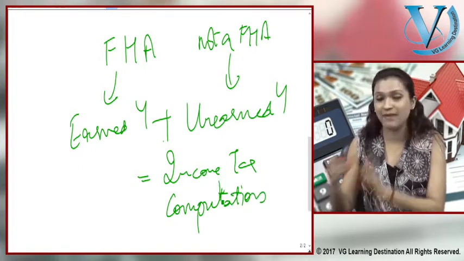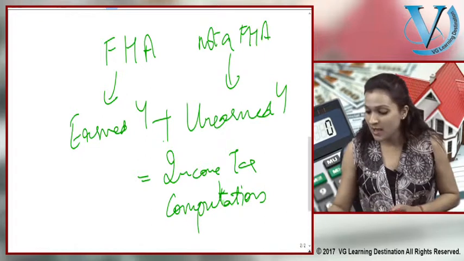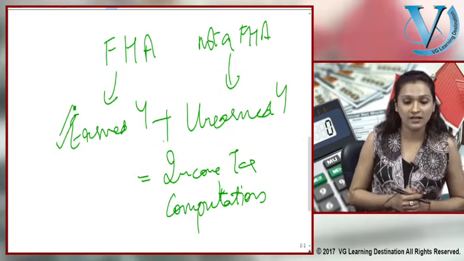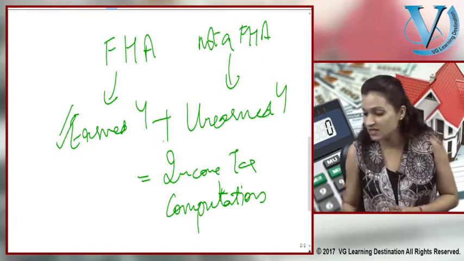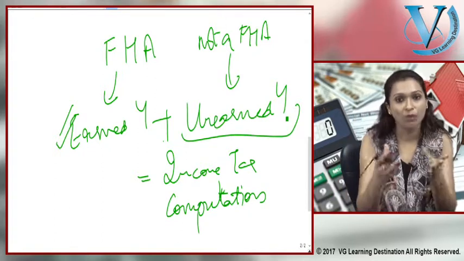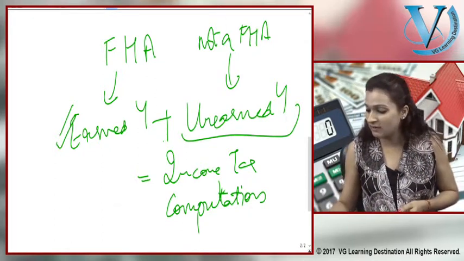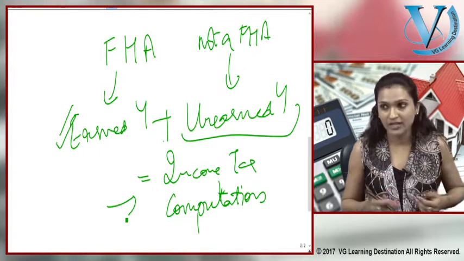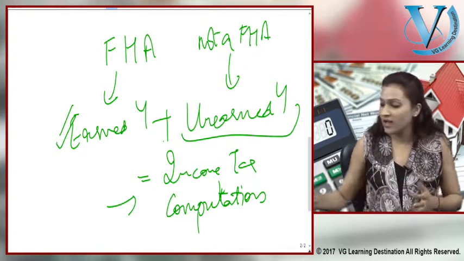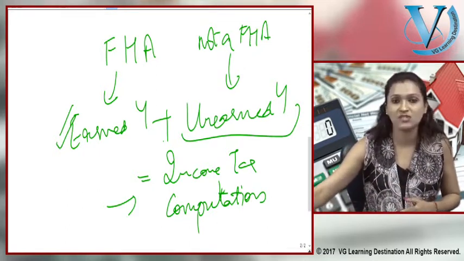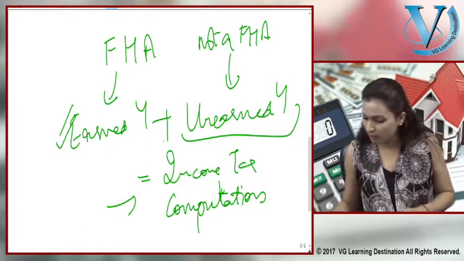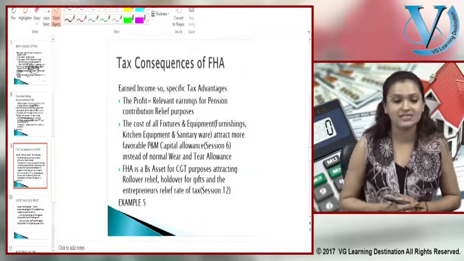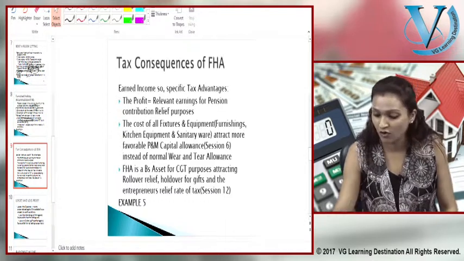So what is the benefit of a particular property being classified as earned income as opposed to unearned income when eventually both the amounts get added up under your income tax computation? There are a few tax consequences of a property being classified as a FHA, which are as follows.